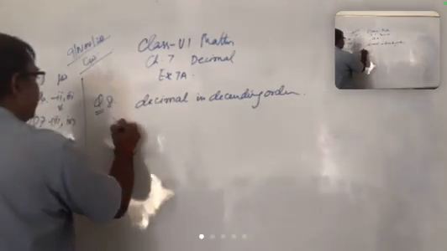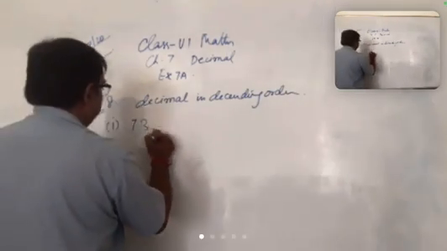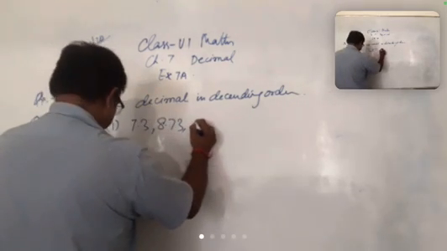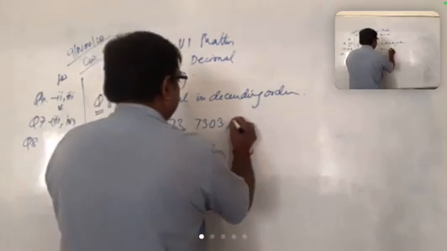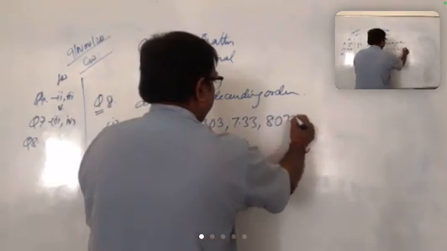Now the first part is 7.3, 8.73, then 73.03, then 7.33, and the next is 8.073.